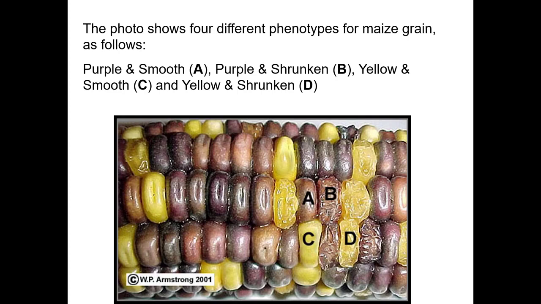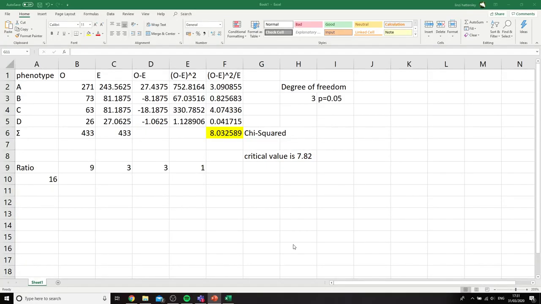Is it definitely wrinkly? Is it smooth? Is it definitely smooth? As you can see, some of these are very, very smooth, but others do have a slight wrinkle. You can see that these are overly wrinkled. But what about this one? That one? That one? Is it purple or is it brown? Do we need extra categories? And these are all questions that you need to be aware of.